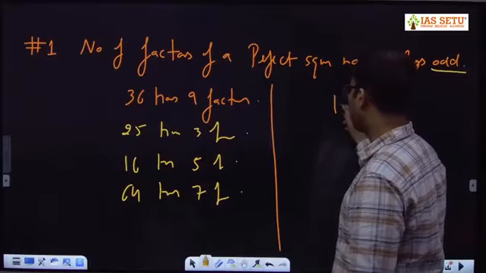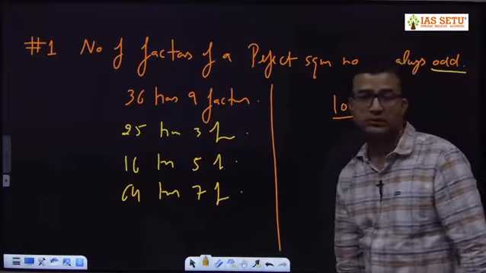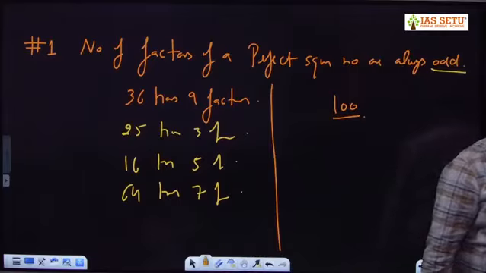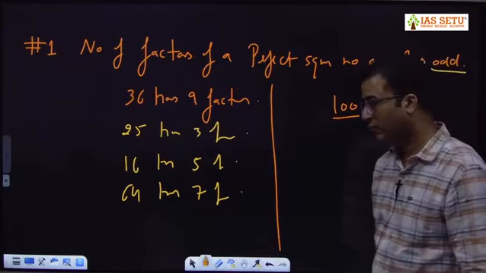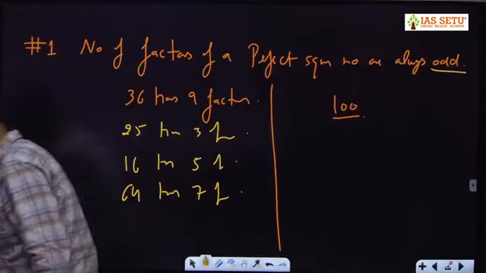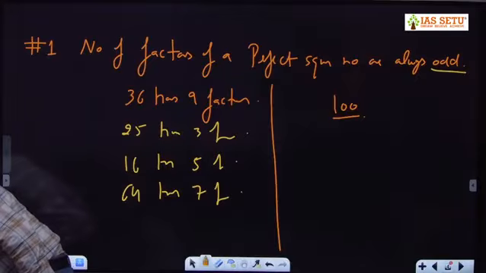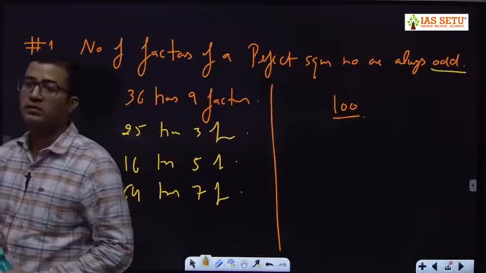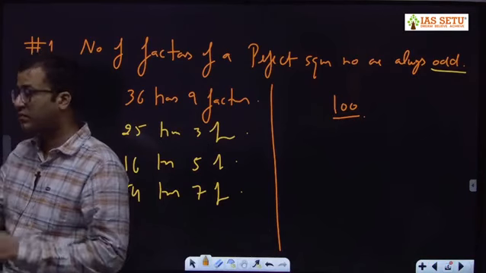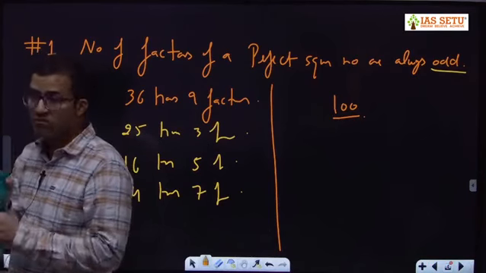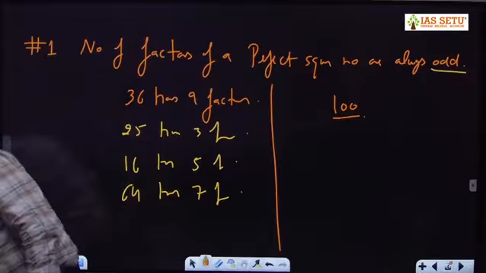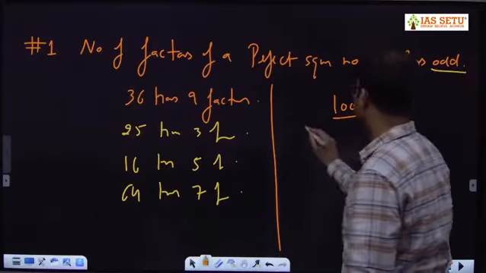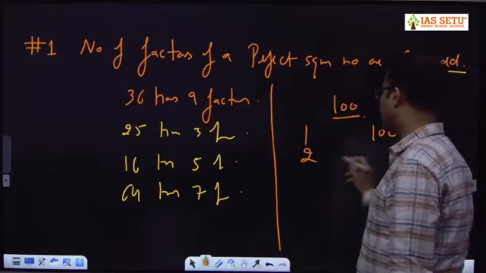Check the number of factors of 100. 100 के कितने factors? 1 makes a pair with 100. 2 makes a pair with 50.